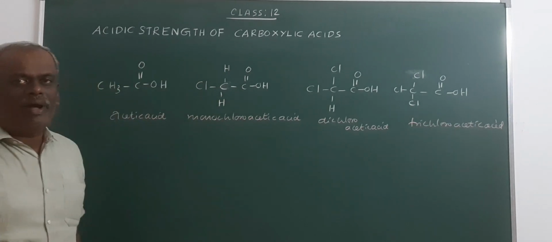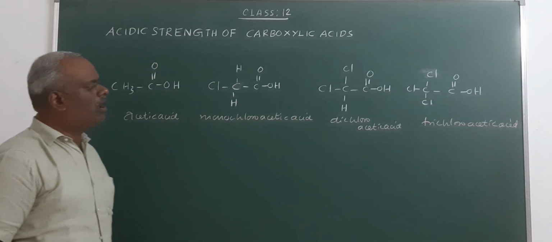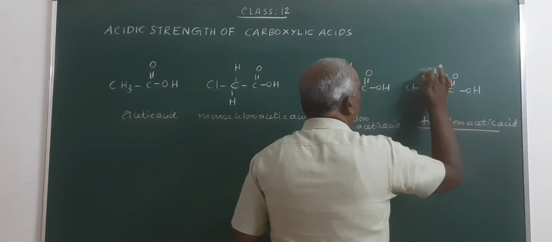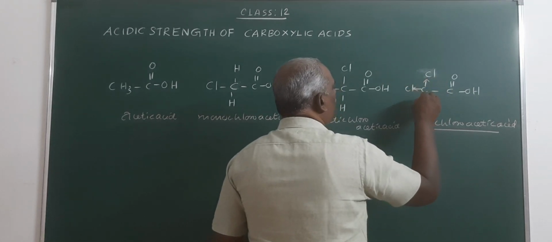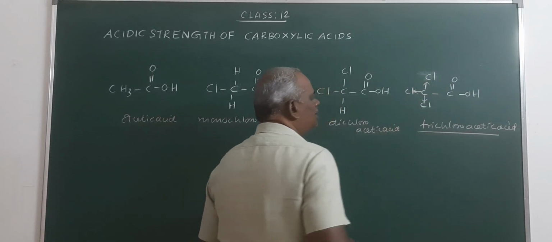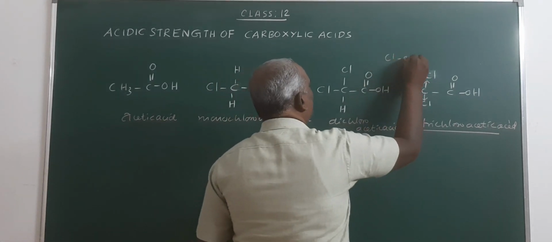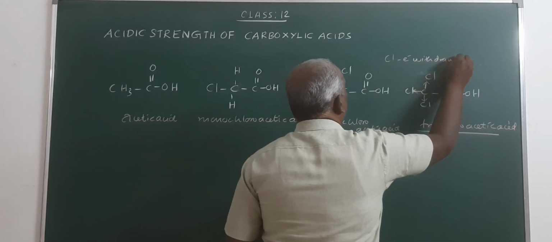Yes, we are going to compare the acidic strength of all the 4 substances. First, you see the last case, trichloroacetic acid, in which it has got 3 chlorine atoms. I am extending an arrow like this. The arrow denotes that Cl is an electron withdrawing group.